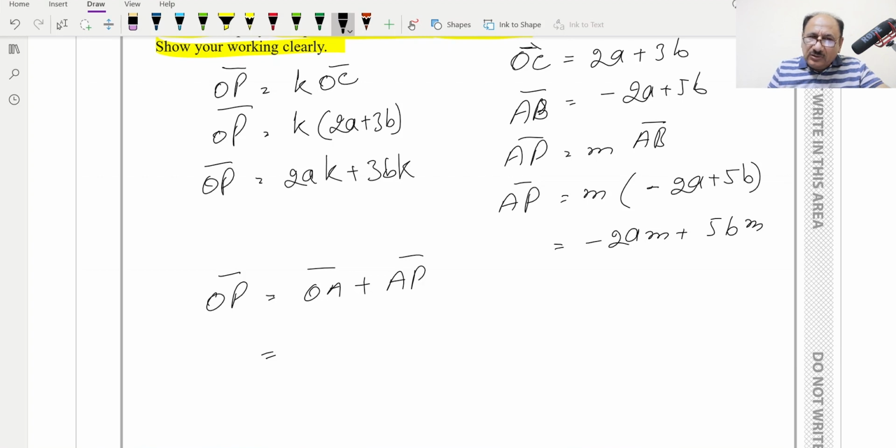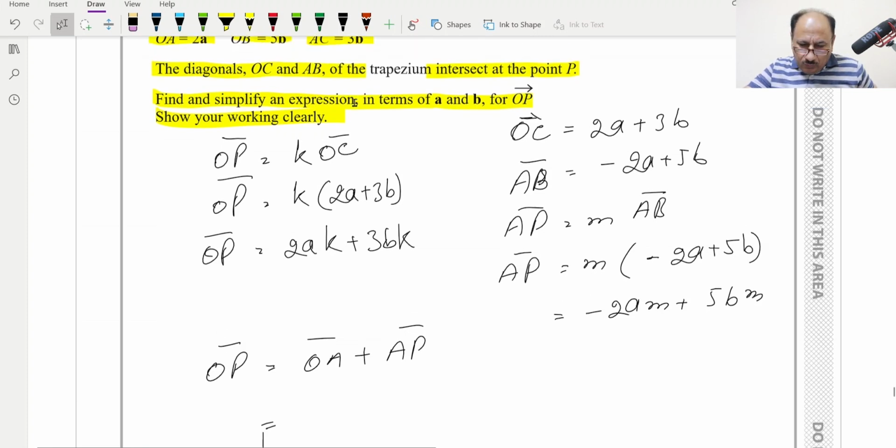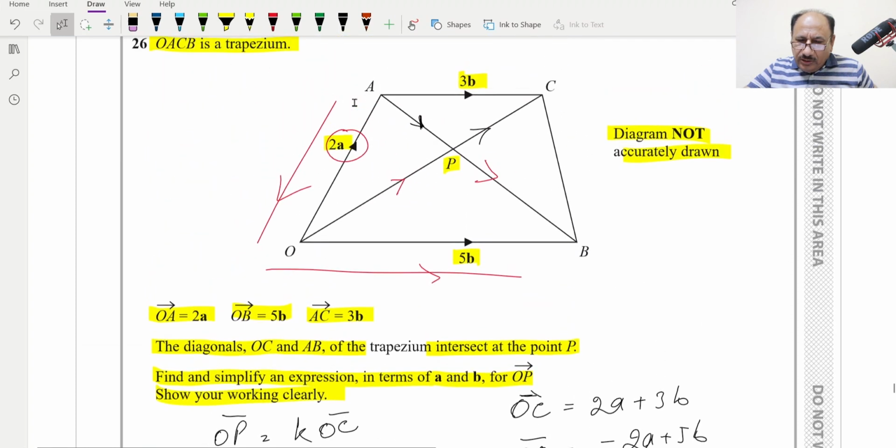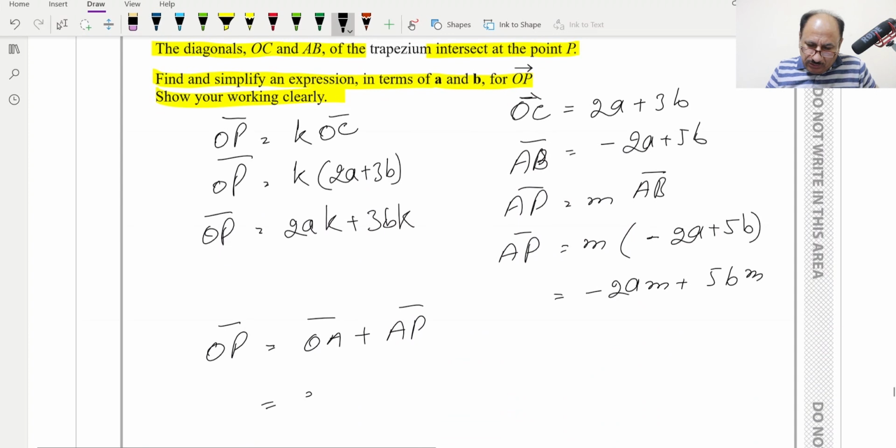OA is 2A, so we can write here 2A, and plus AP is over here, so we can write here minus 2AM plus 5BM.